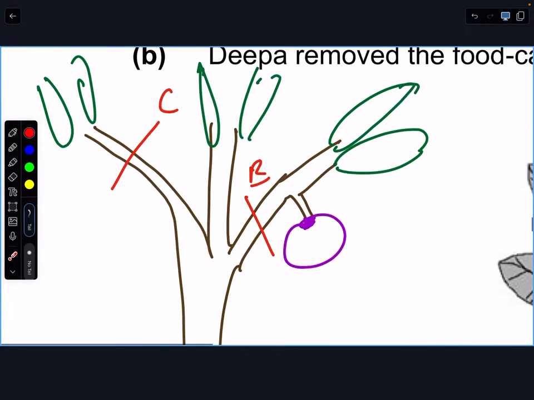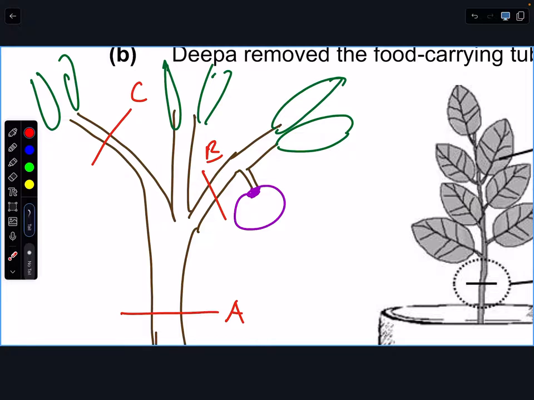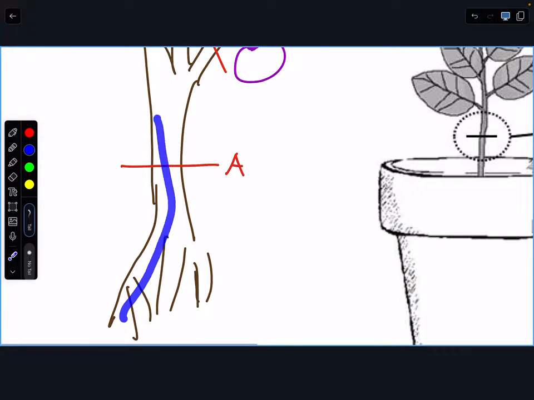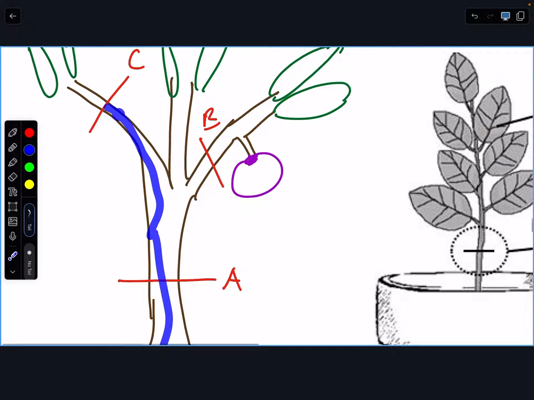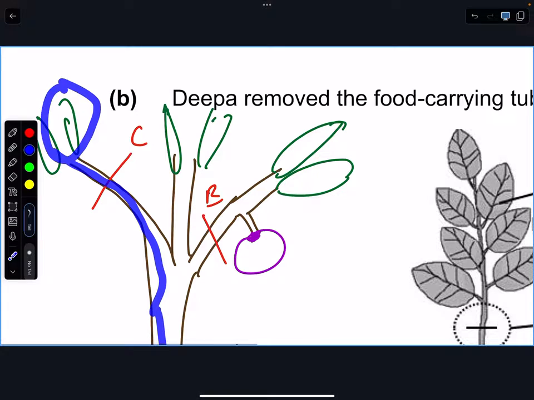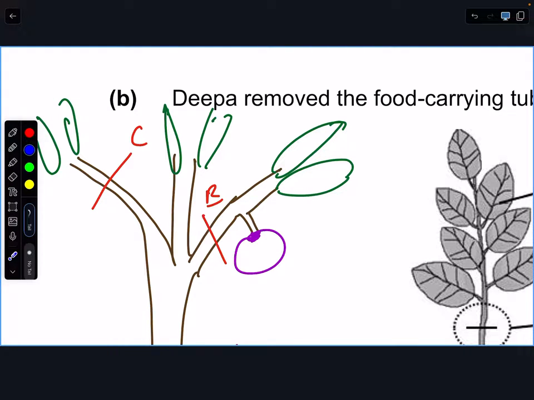In the most basic scenario, water can still be transported from your roots up to your leaves. Your leaf will still be able to take in sunlight, water, and carbon dioxide for photosynthesis, so it can make food. No problem. But what is the consequence of cutting it here then?